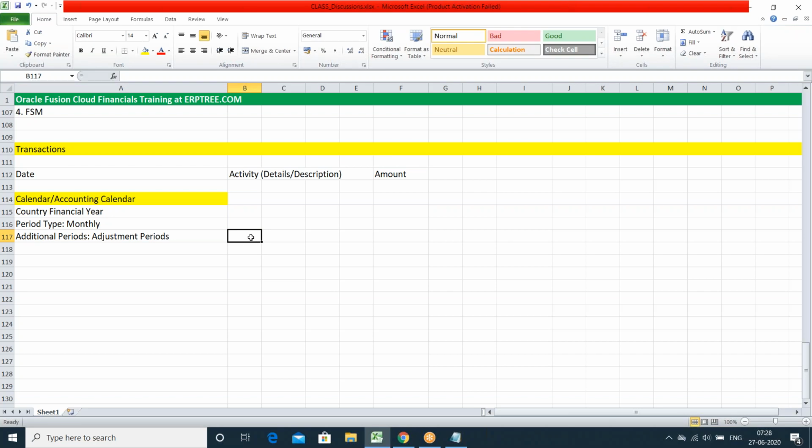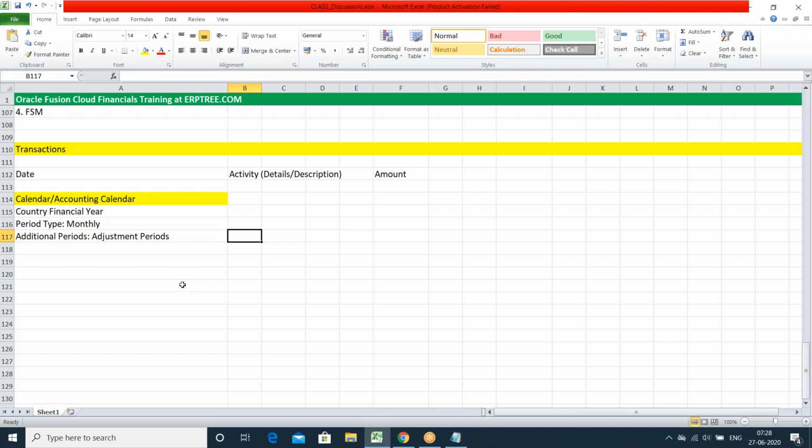But in that case, everything will get disturbed. How you want to proceed, and whether your client wants to proceed, they'll ask the client. If the client says okay, then only they'll help us. As per the standard product, we cannot change the calendar once we create it and start using it. That's how it is. Okay, fine.